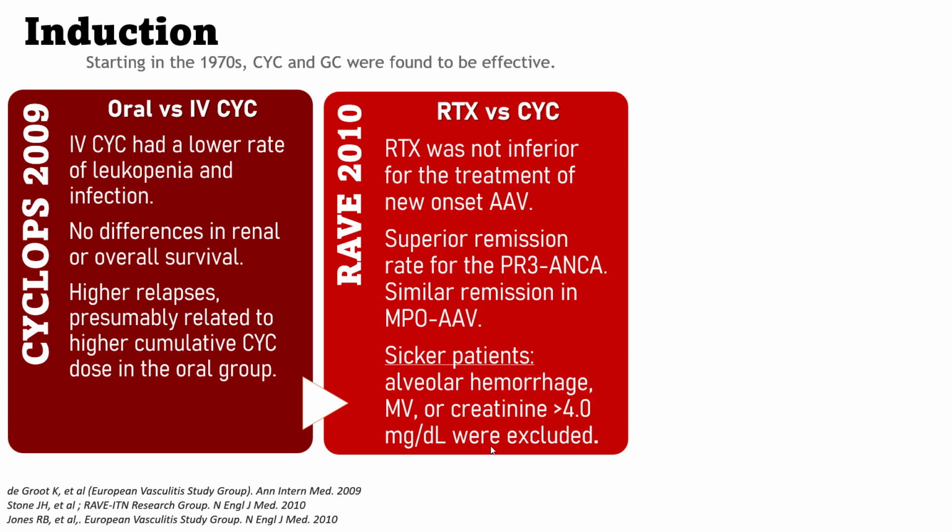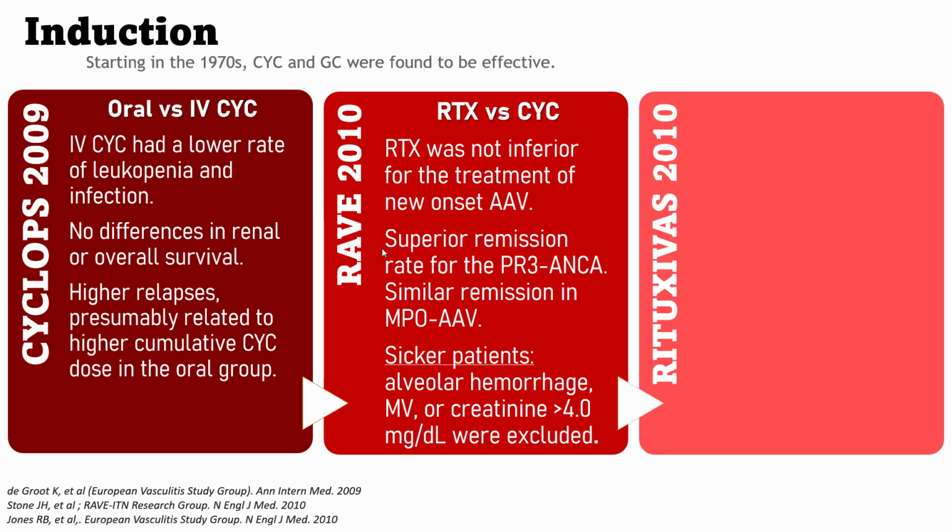So this means that if you have a patient with PR3 ANCA, preferably you could use rituximab. But in the RAVE study, they excluded sicker patients, so patients with alveolar hemorrhage, or patients on mechanical ventilation, or patients presenting with creatinine more than 4 mg per deciliter were excluded from the study.